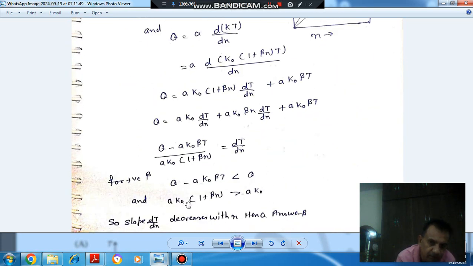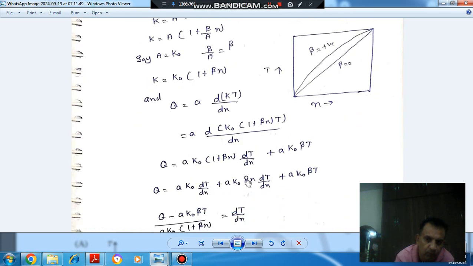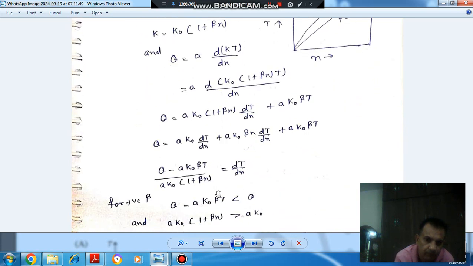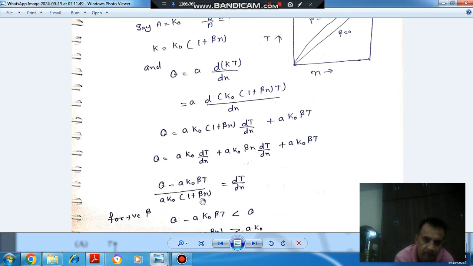So this quantity will be less than this. So the slope will go on decreasing as x increases. When beta is positive, the slope will go on decreasing as x is increased.